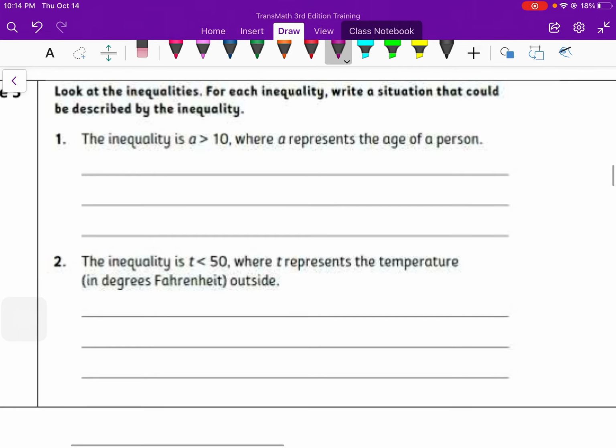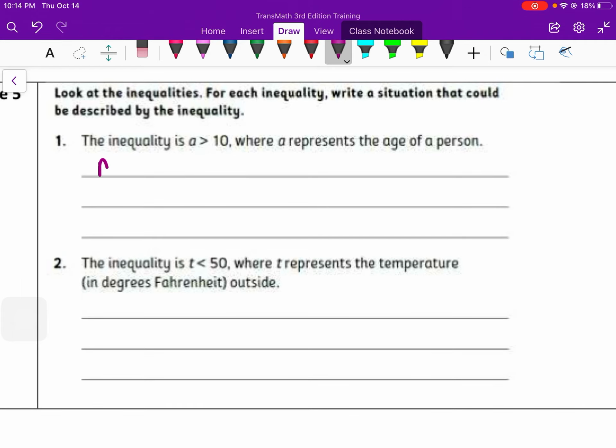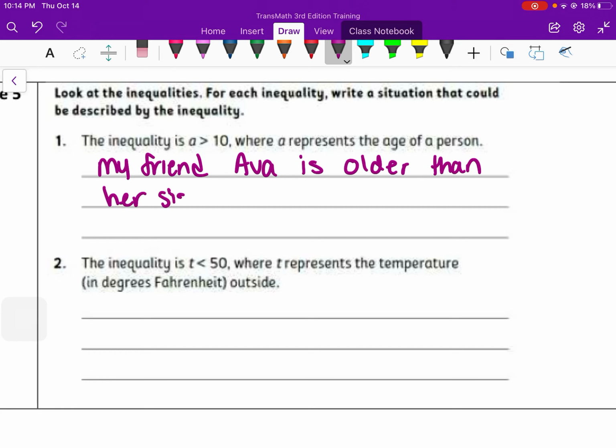So this could be written like, I don't know, my friend Ava is, instead of greater than, we're talking about age, I would say is older than her sister, and maybe write her sister is 10. So I don't know how old Ava is, but I know she's older than her sister, and her sister is 10. So that could represent Ava's age is greater than 10.